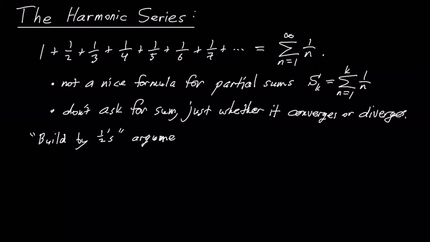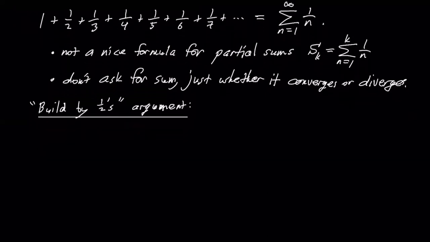What I really need to do is write out a bunch of terms of this series. So let me just write out some terms again. 1 plus a half plus a third plus a quarter. I'm just going to sit here and write for a while.